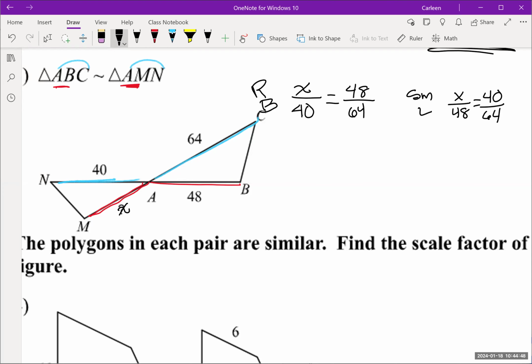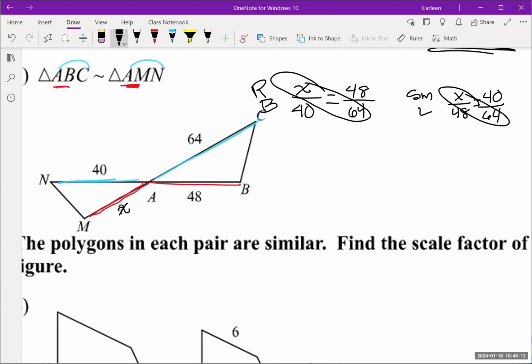Why, can anyone see why both those proportions? Yeah, it's kind of the same, just flipped. Is there another part of the answer that tells you that they're going to be the same? How about they're still across from each other?